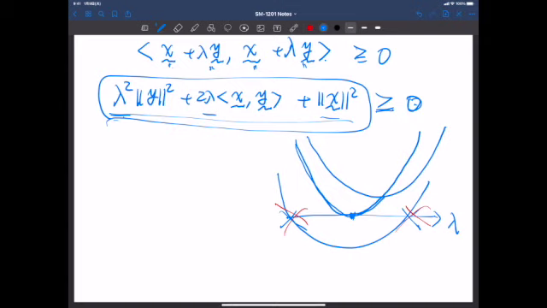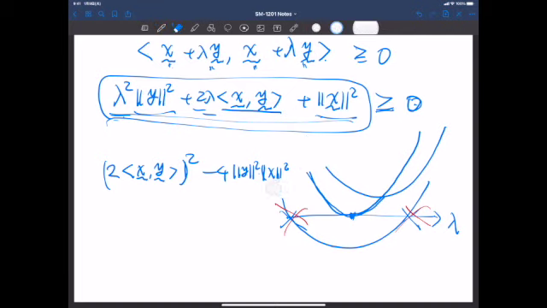So the discriminant is 2 times x dot y, squared, minus 4 times the modulus of y squared and the modulus of x squared. So this is non-positive.